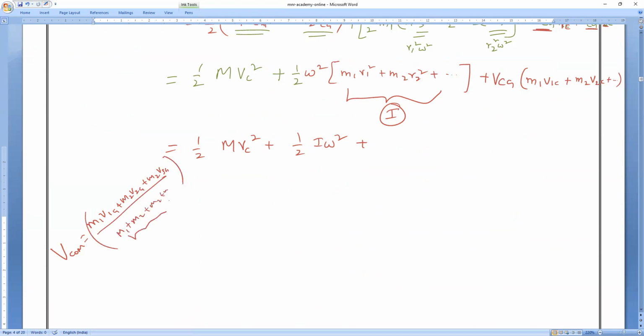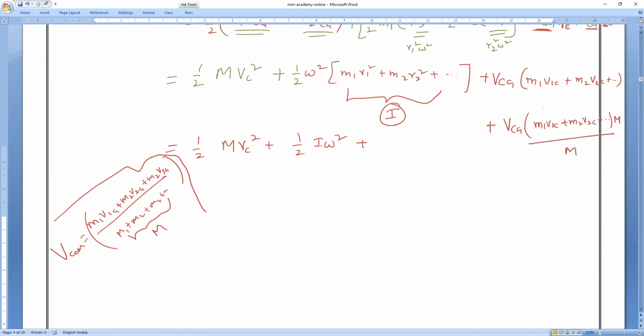So this is totally equals to what? Capital M, total mass. So this whole equation I'll multiply with what, guys? Anybody can tell? Multiply and divide with what? Numerator and denominator. M. Multiply with the M.